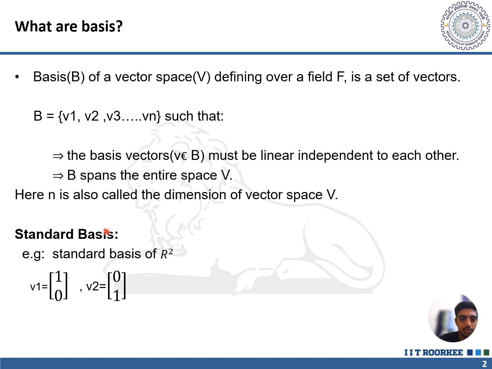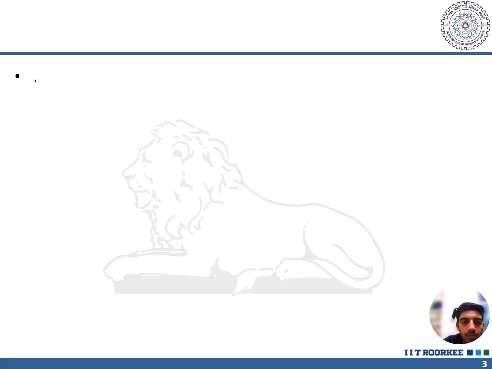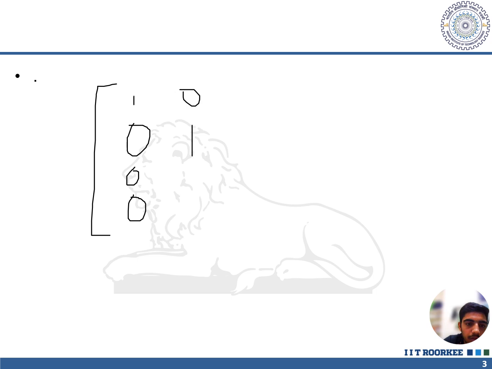These are very useful and most frequently used in linear algebra, especially. If we have a vector space of dimension n, the standard basis of this vector space can be seen as the columns of the identity matrix of dimension n cross n, where n is the same as the dimension of the vector space.